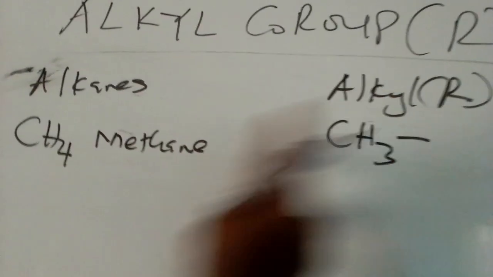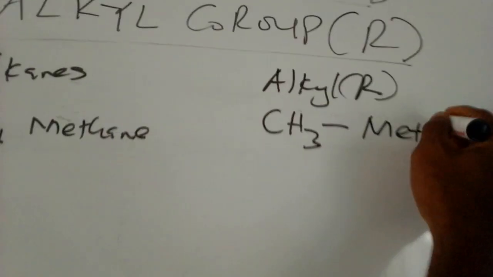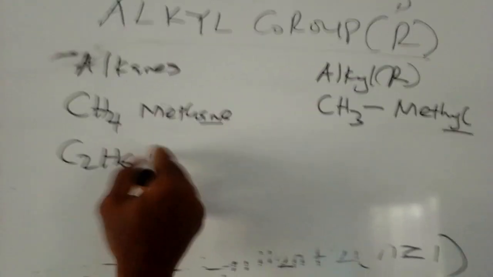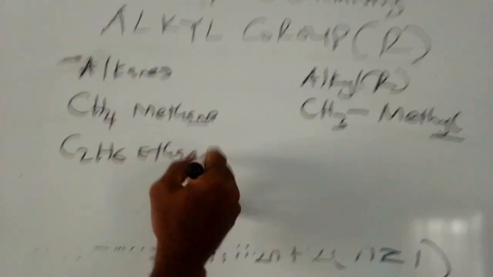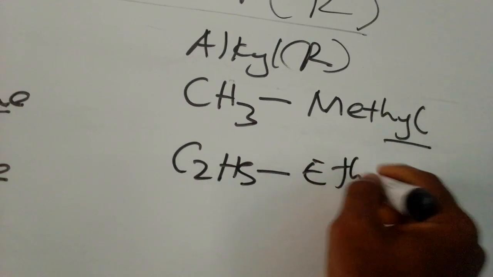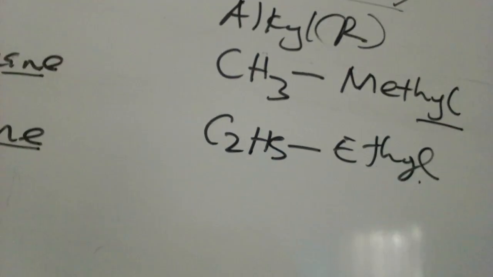Removing one hydrogen from methane is now called methyl, replacing ANE with YL. The second alkane is C2H6, called ethane. Removing one hydrogen, I have C2H5, called ethyl. In the naming, replacing ANE with YL.